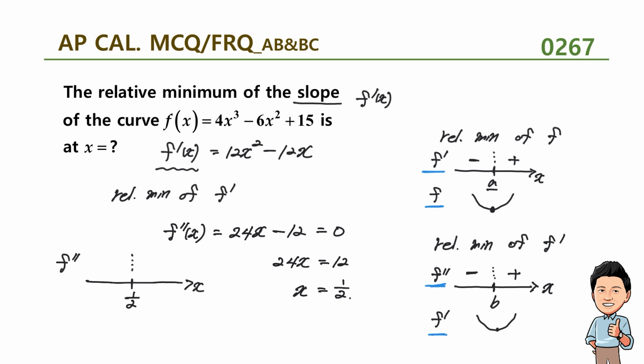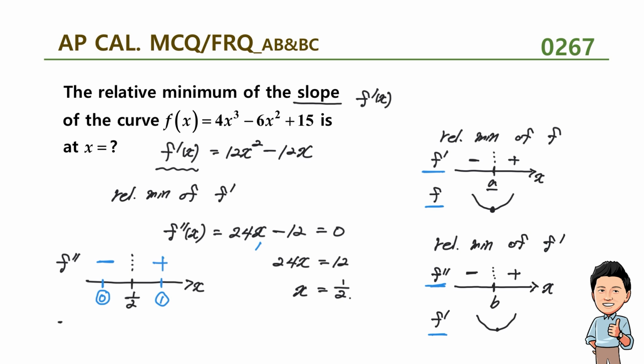Here's f double prime, right? Okay, I'm going to substitute 0 for x. If we substitute 0 here, f double prime is 0 minus 12, negative here, right? Let's substitute 1. If we substitute 1 here, 24 minus 12, that's a positive 12, plus here, right?